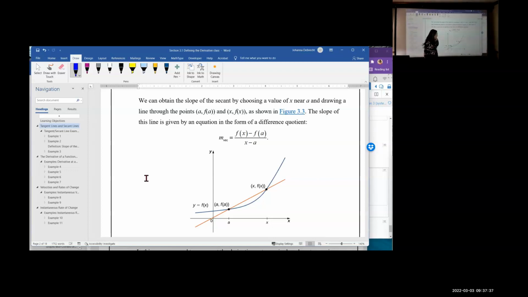You have 2 different points, a, f of a and x, f of x. And this is the difference in the y values over the difference in the x values. So really, this is y1 minus y2 over x1 minus x2. It's the same slope formula that you've been using at this point for years, right? I mean, you've been doing this for years.